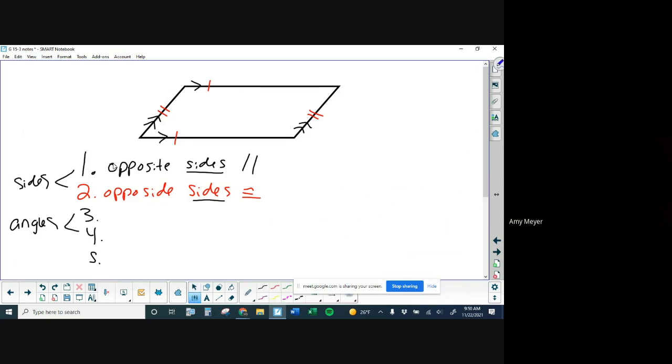Property number 3, opposite angles congruent. So pick any angle, put a little arc in it, and then find its opposite. How do you know which one is opposite? Well, think of yourself as walking around the figure.